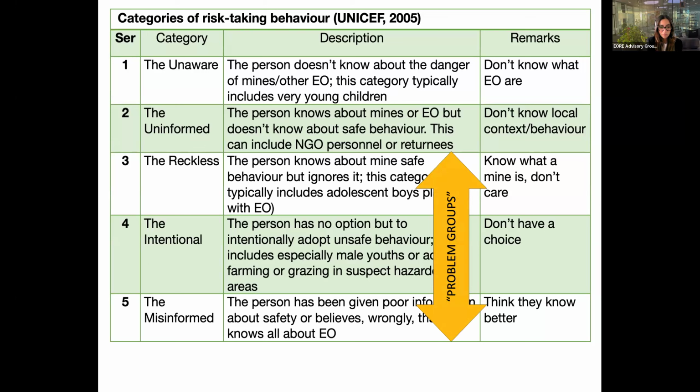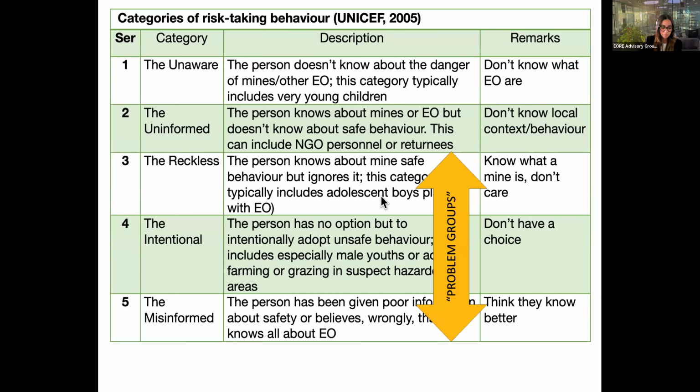because risk education is primarily about delivering knowledge. These three groups, the reckless, the intentional, the misinformed, some people say forced instead of intentional. I don't like the word forced. It sounds like somebody's got a gun to their head. That's not the right thing for me.